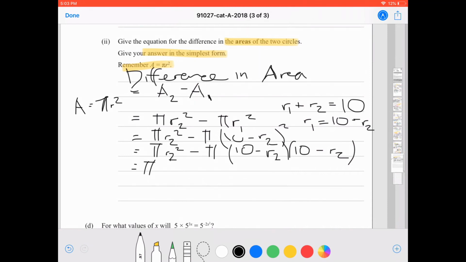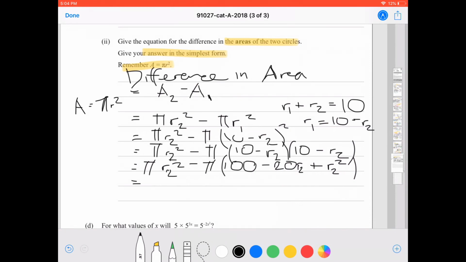Okay, r2 squared minus pi, so that's going to be 100, and then our b term is 2ab, which is 20, minus 20r2, and then our c term is positive r2 squared, and it's all multiplied by pi still.